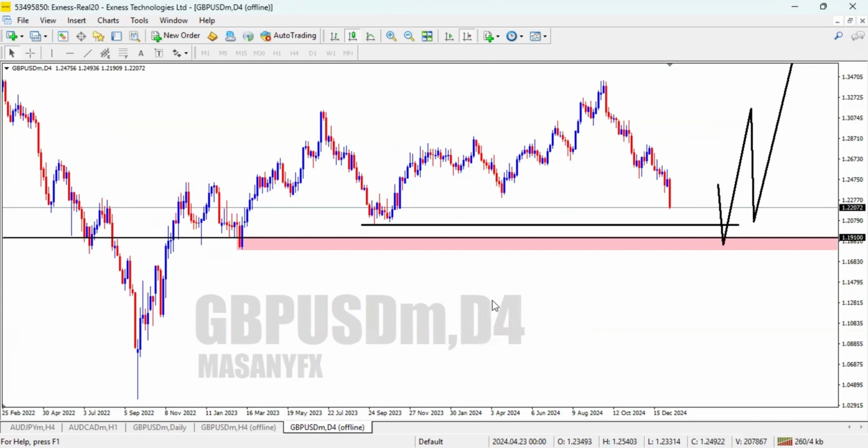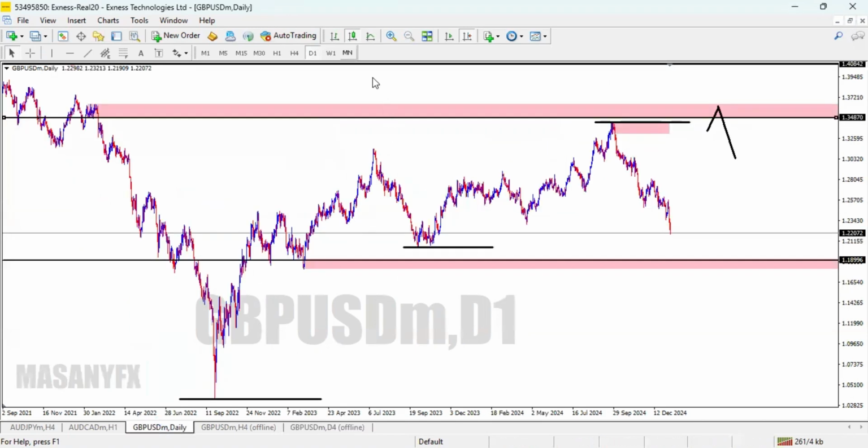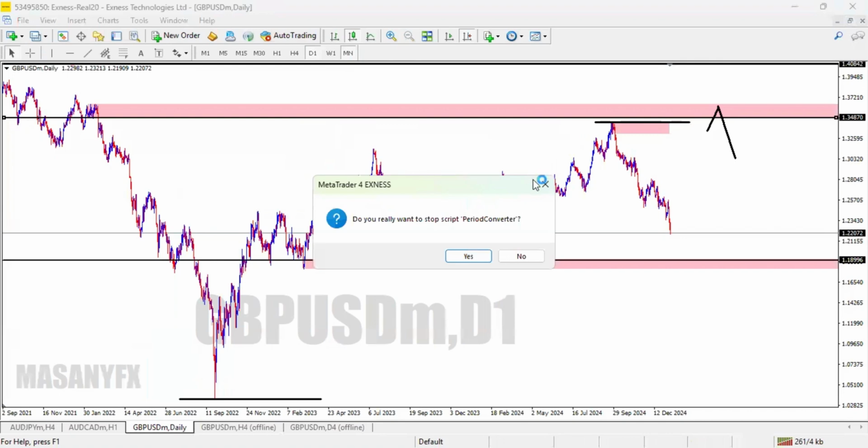This is a demand zone. Why was I looking for a demand zone? I was looking for a demand zone because of what I saw.